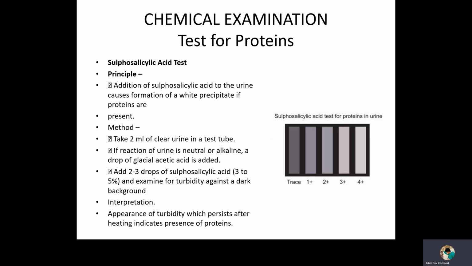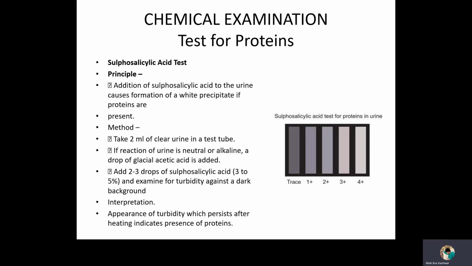In the sulfosalicylic acid test, the principle is that addition of sulfosalicylic acid to the urine causes the formation of a white precipitate if proteins are present. The method is to take 2 ml of clear urine in a test tube.